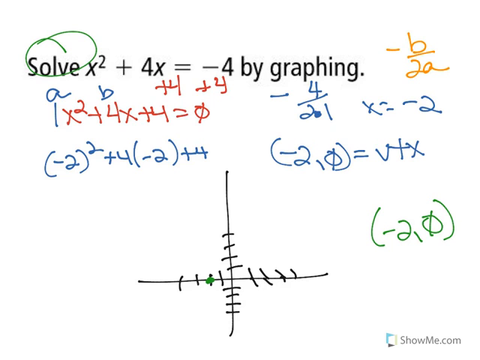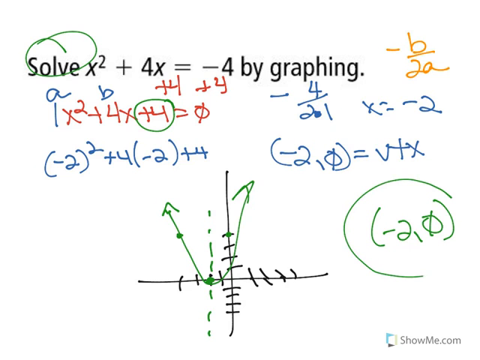To finish our graphing, we have a y-intercept of 4, so this one will fit on there. We make our axis of symmetry, and if you don't actually draw the axis of symmetry, that's okay. 1, 2, and up. There we go. And so we have a pretty parabola, if I can draw, which gives us one solution because it's sitting on the x-axis.